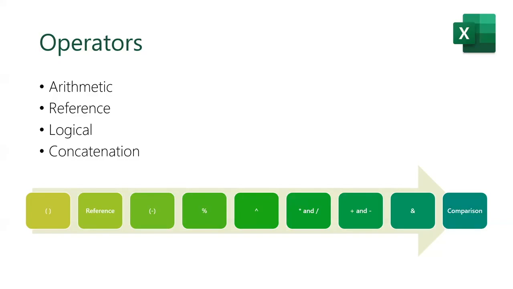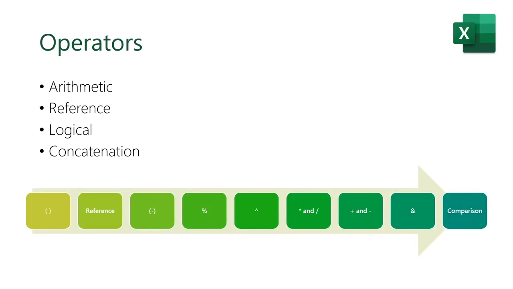That -1 is going to be taken first. It's not going to be 1 multiplied by something and minus later. So in certain kinds of equations, it might change. Then percentage, then the caret for exponentiation, raised to the power of something, then multiplication and division, followed by addition and subtraction, then the ampersand operator, which is the concatenation operator, and the last thing to be evaluated is the logical or comparison operators.